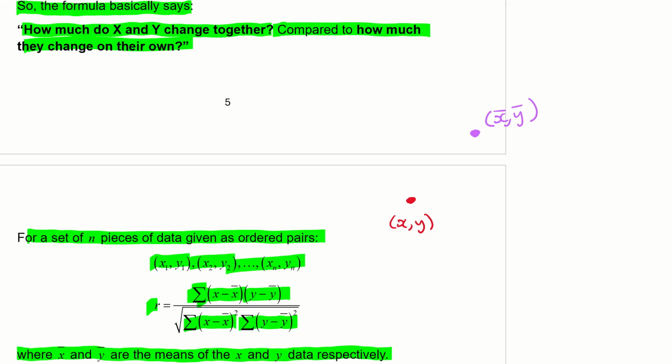Where this is to the left and down from x bar, y bar. So this distance would be x minus x bar, and because it's to the left, that one would be negative. And then we'd have y minus y bar, and that would also be negative because it's below. We're going to the left and below x bar, y bar.